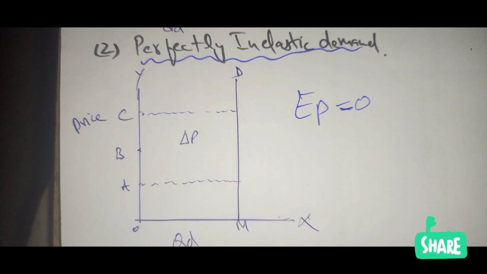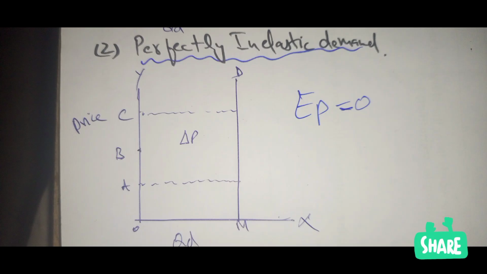First we can look at the diagram or graph that 0A shows the change in price, meaning increase in price brings no change in quantity demanded. DM shows no changes in quantity demanded.